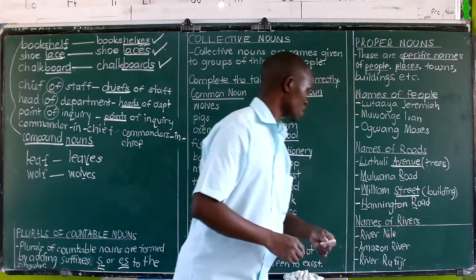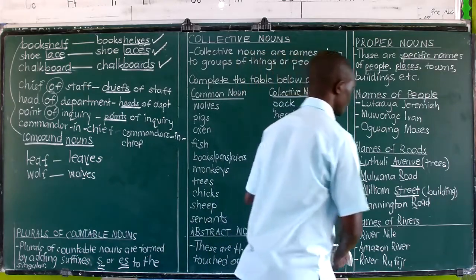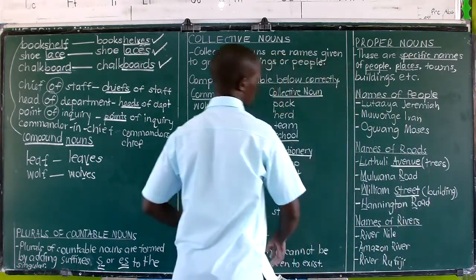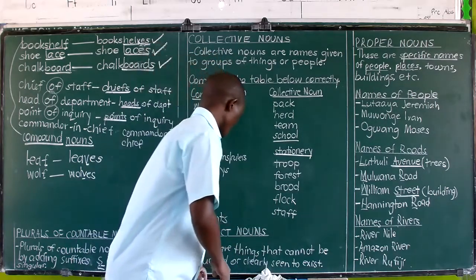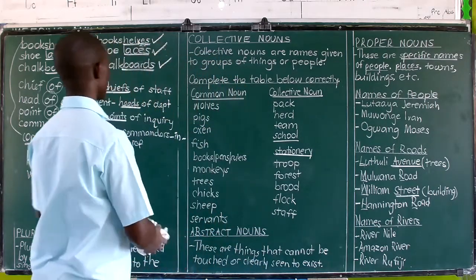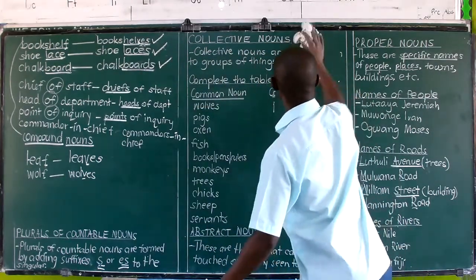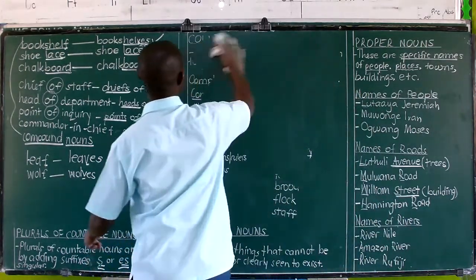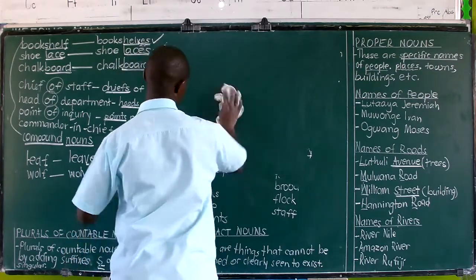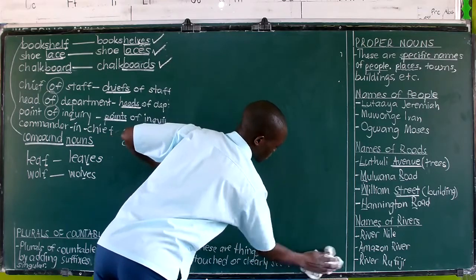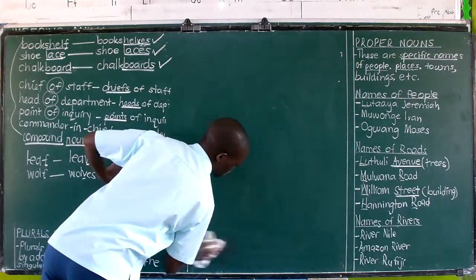Okay, let's go to names of rivers. Names of rivers are also known as proper nouns. For example, we have River Nile, the longest river in the world, with its source in Africa. River Nile is a proper noun, as I've been explaining. Another river, the second longest river in the world, Amazon River.